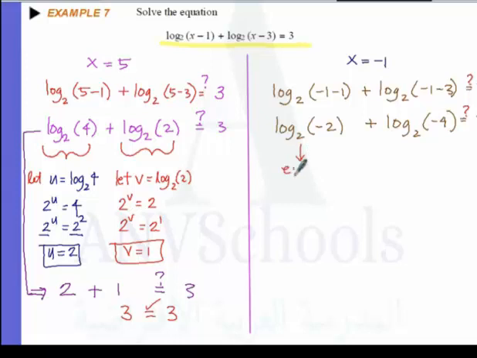So it's an error. And here also is an error. Therefore, we could not get a log of a negative value. So in this case, our log of -2 is undefined. Therefore, this expression is undefined.